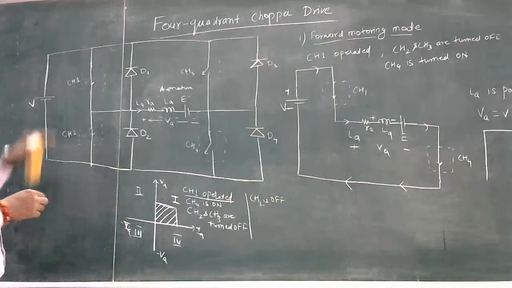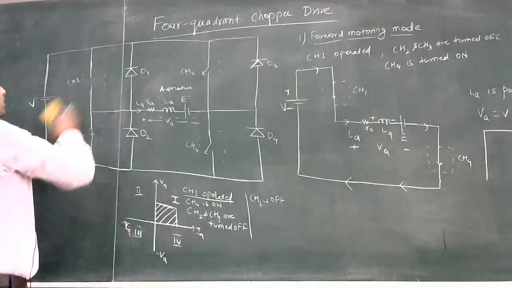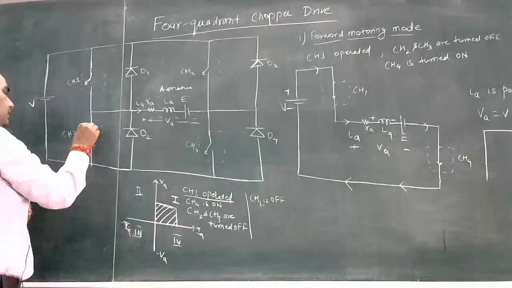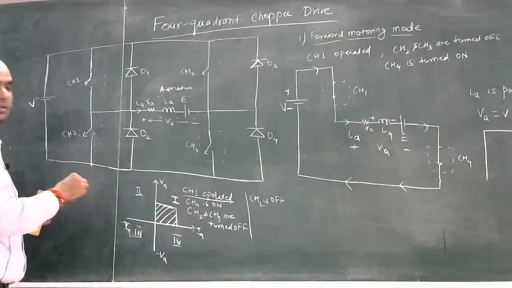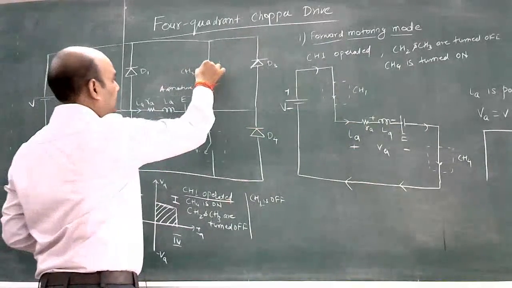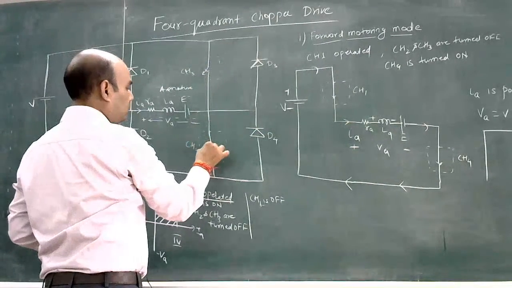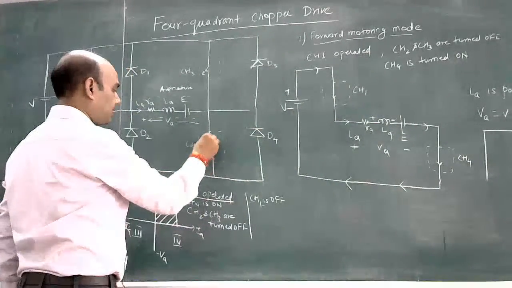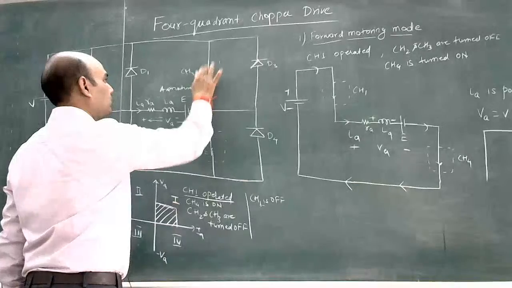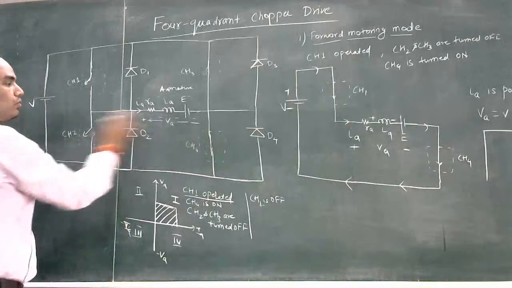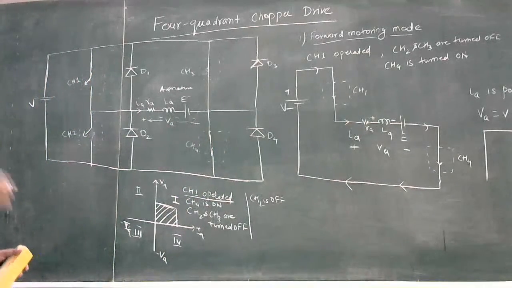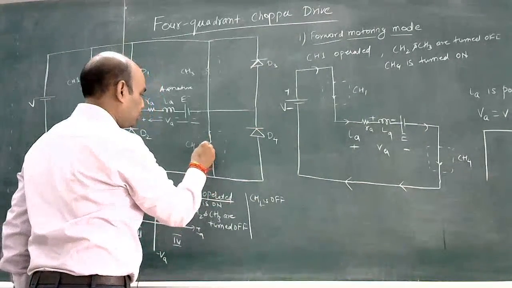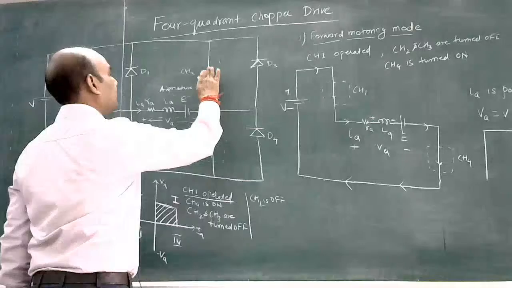So we don't operate CH1 and CH2 simultaneously. Similarly, you can't operate CH2 and CH4 simultaneously, because the source will again be short circuited. So we have to make sure that these two switches do not operate simultaneously.